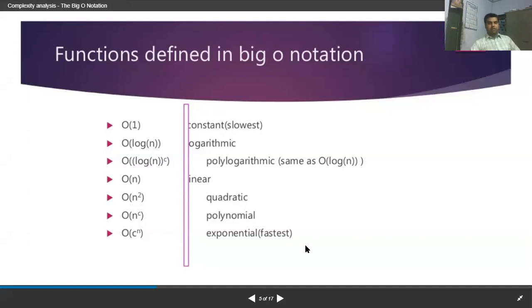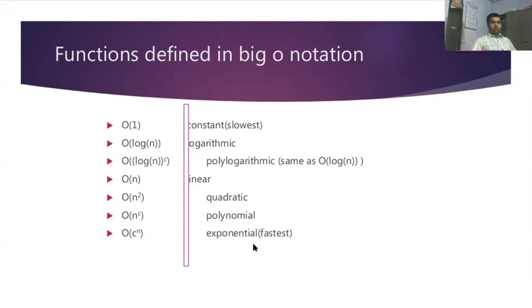If you remember the quadratic equation, the highest exponent has the square, ax square plus bx plus c, where c is a constant value. O of n to the power c is polynomial and O of c to the power n is exponential. This last one is considered to be the fastest and most effective algorithm.